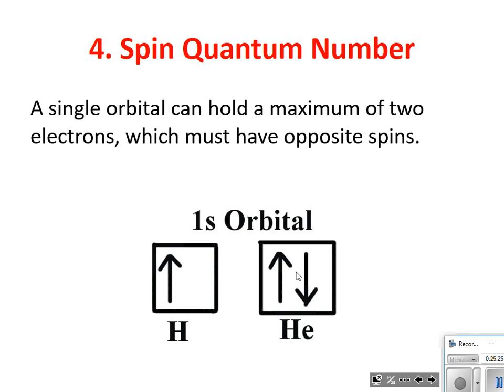So how many are on the d sublevel? 10. Now let's go to the f. The f sublevel has how many orbitals? 7. How many electrons on each orbital? 2. So how many total? 14. Those things are important to get into your mind when we're talking about these.